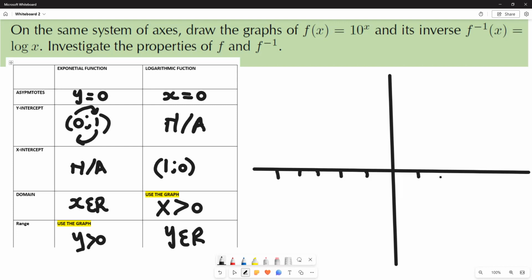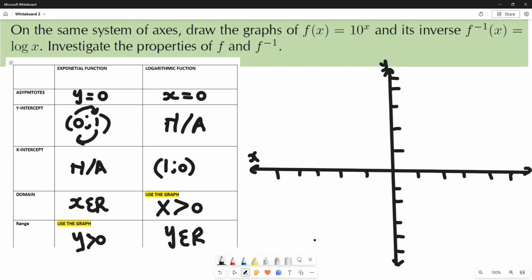I'll just split it into 5s. This is my y-axis. That's my x-axis. And then that's my y-axis. 1, 2, 3, 4, 5.